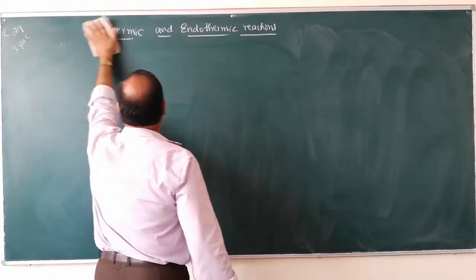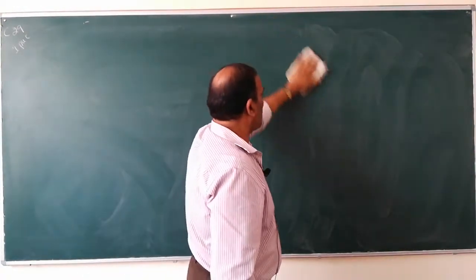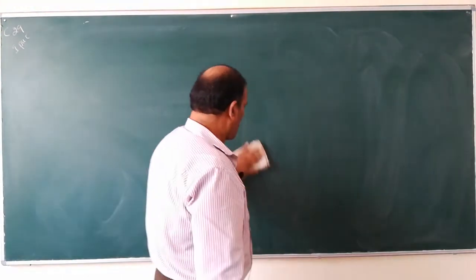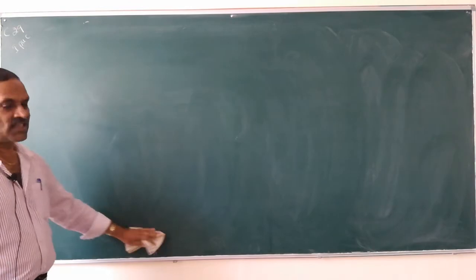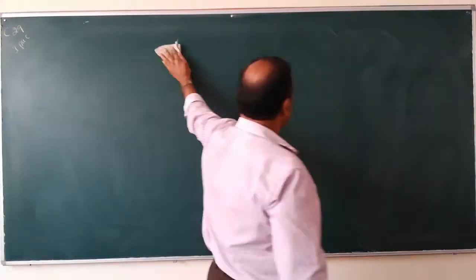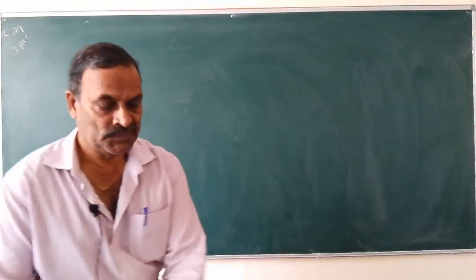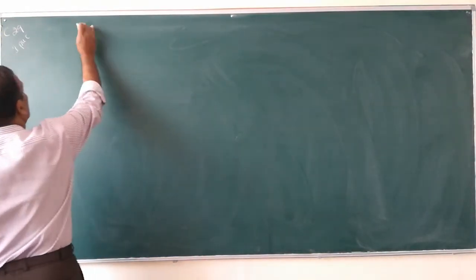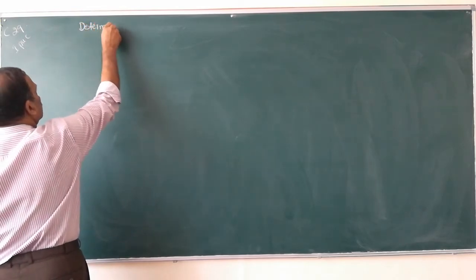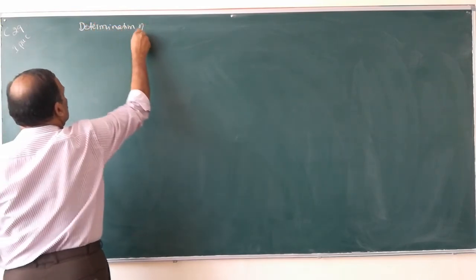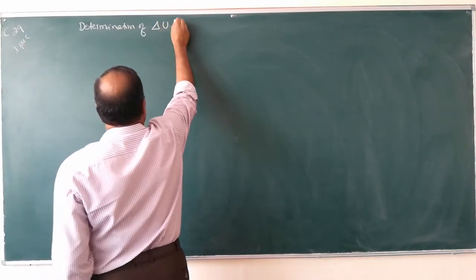So now we will know the determination of delta U and delta H. What is delta U? Change in internal energy. Delta H is change in enthalpy. Let me write down determination of delta U. What is delta U?